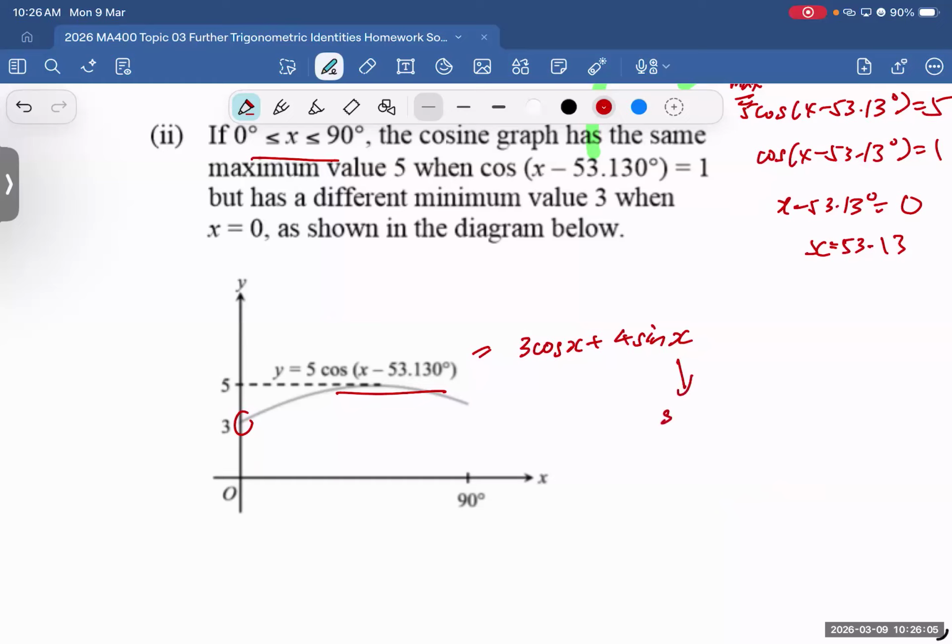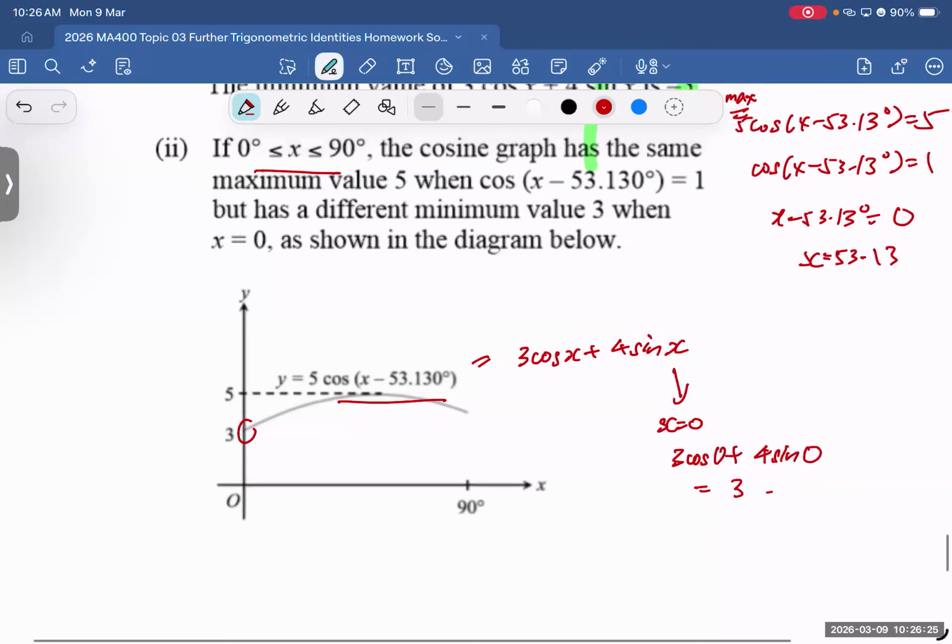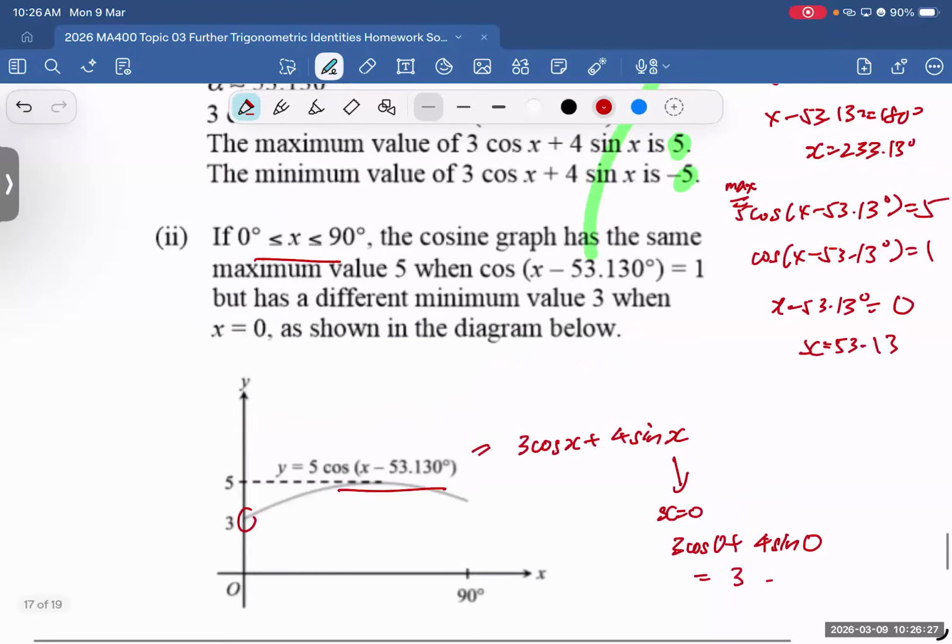If you sub x to be 0, what do you get? 3 cosine 0 plus 4 sin 0. Sin 0 is 0, 3 cos 0 is 3. Basically the y-intercept. X equals 0, y equals 3. Minimum value is 3, maximum value is 5. 3 to 5.